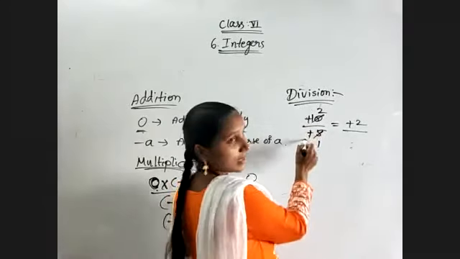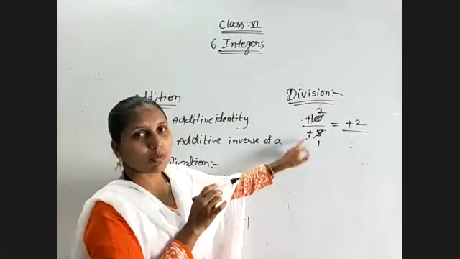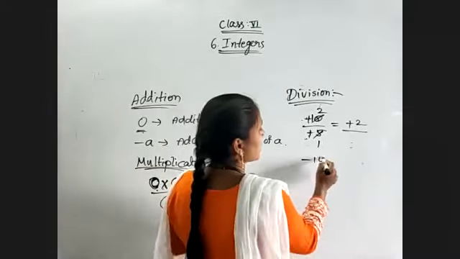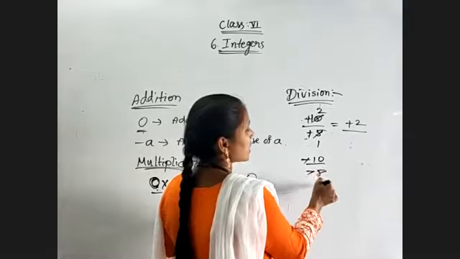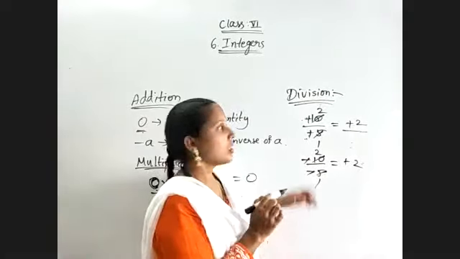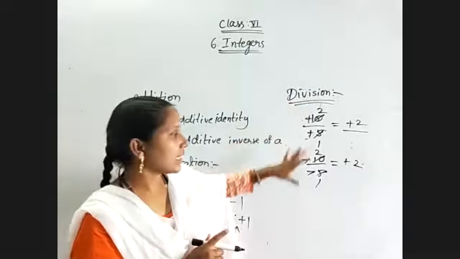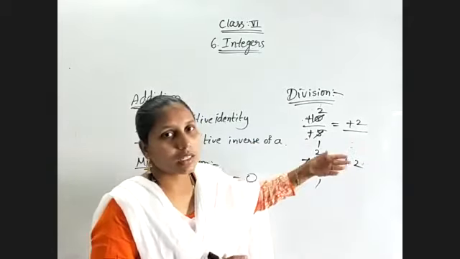Both the dividend and divisor are like integers, so we will get a positive result. Observe minus 10 by minus 5, both are like integers. So minus minus will get cancelled, 5 twos are 10, and again we will get plus 2 as the result. So remember, if you are getting two like integers as dividend and divisor, then the result is positive.